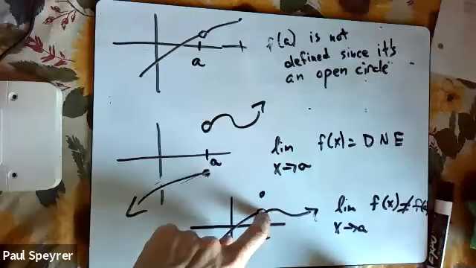Remember, defined means you have some kind of solid circle at that x value. Do we have a solid circle right here? No. So f of -4 is not defined. And remember, the reason it's not defined is there's no solid circle.